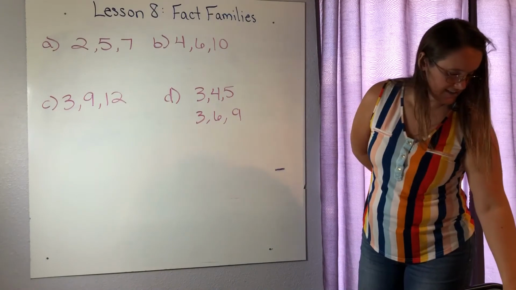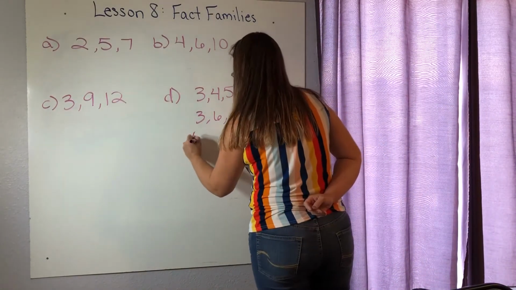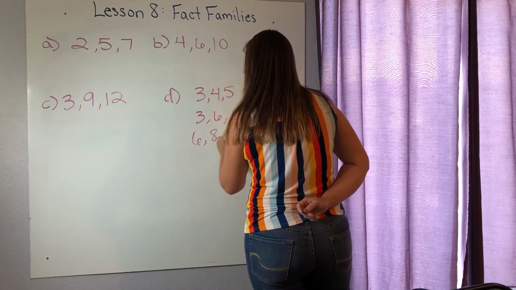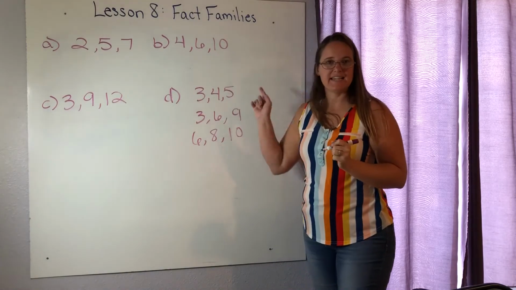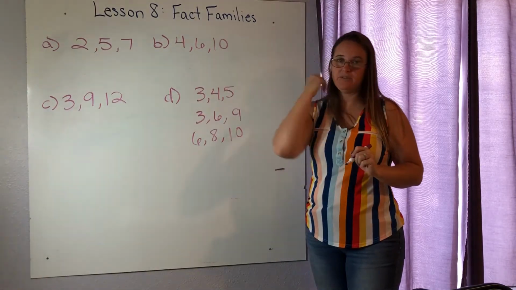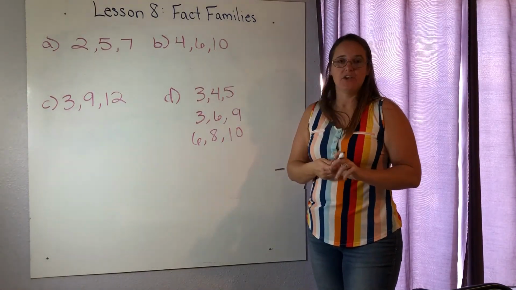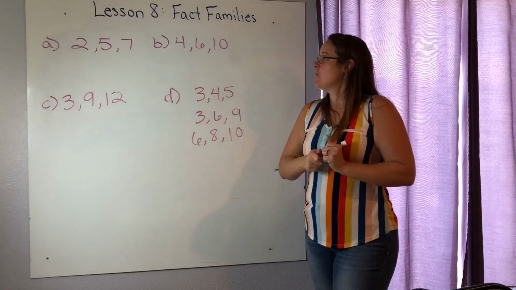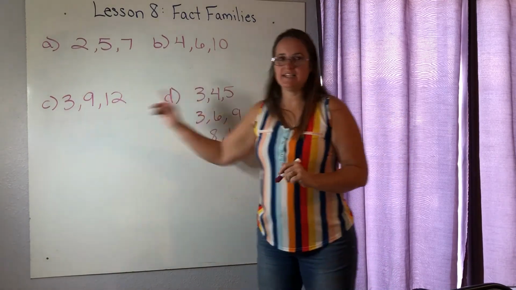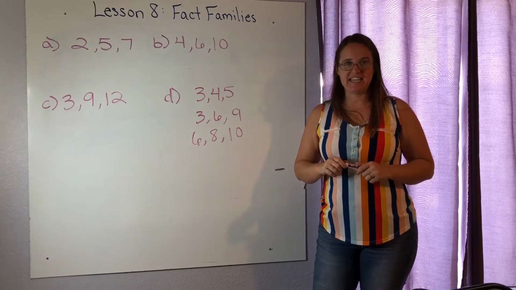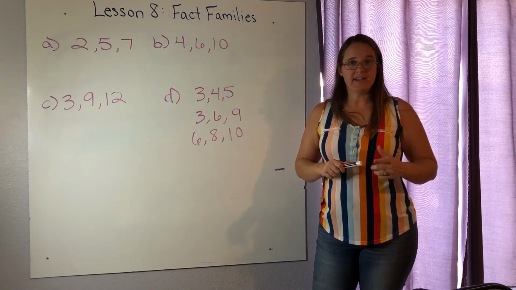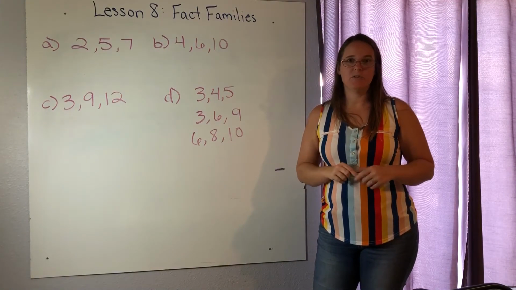And we've got 6, 8, and 10. We want to know which of these sets can be used to make a fact family. So pause the video now, write out your fact families, and decide what your answer is here for D. And when you've got your answers, hit play again and we'll go over them together.